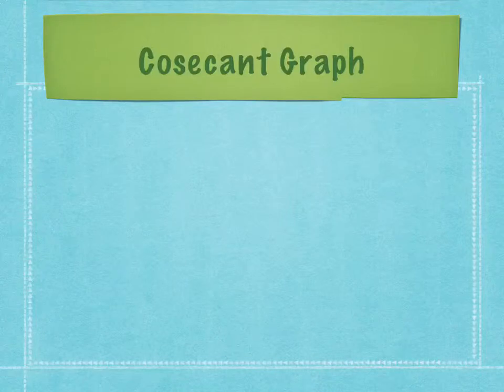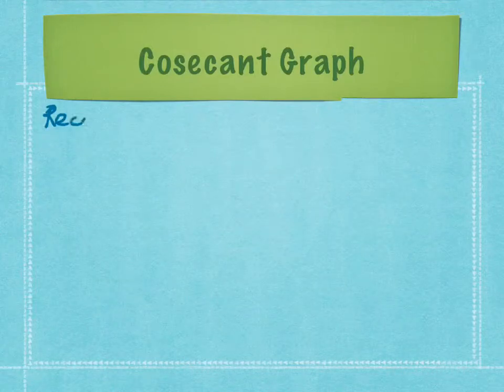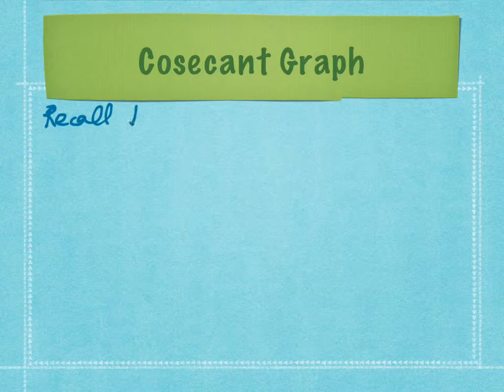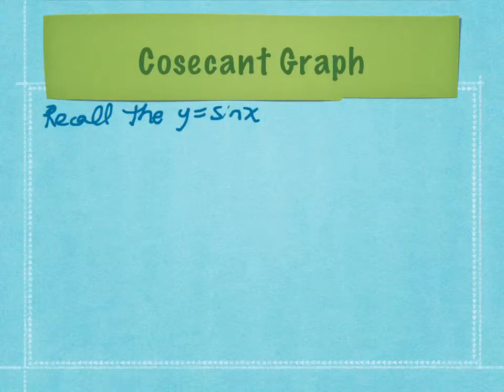Alright, so the next one is cosecant, and cosecant is very similar to secant, but you use its reciprocal. So you're going to recall the graph of y equals sine x, because that is the reciprocal of cosecant.